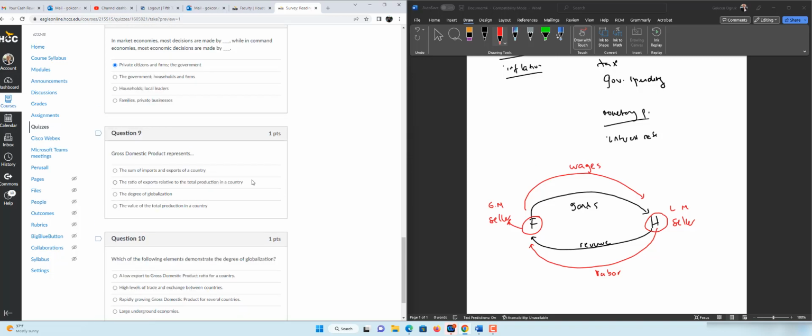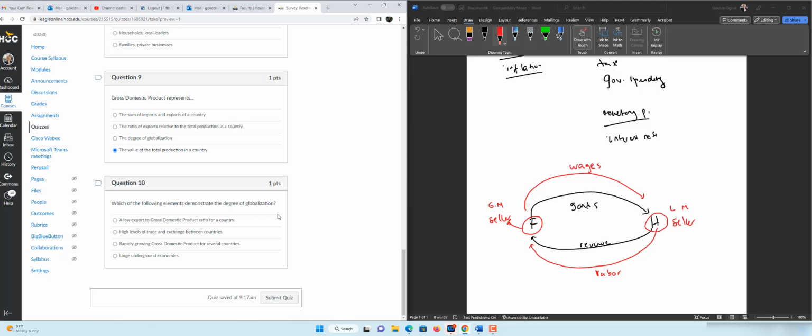Gross domestic product, or GDP, is the value of total production in the country. It's not imports and exports. It's not the ratio of exports relative to total production. It's not the degree of globalization. It's the value of total production in a country. And number 10, which of the following elements demonstrate the degree of globalization? A low export to GDP ratio actually shows that the country is closed, meaning we are not selling goods to foreigners.